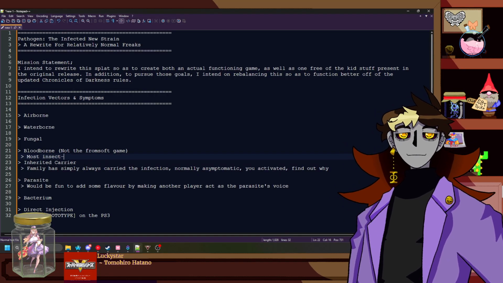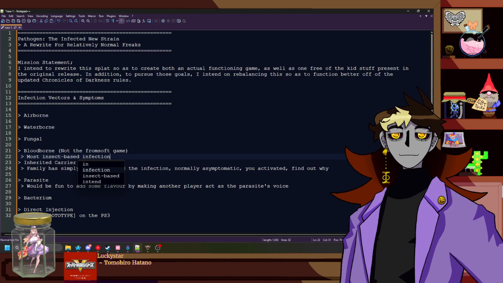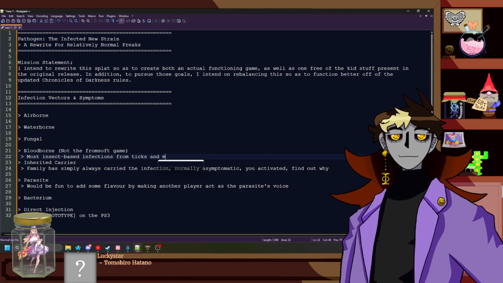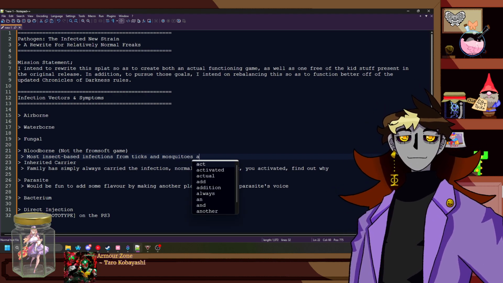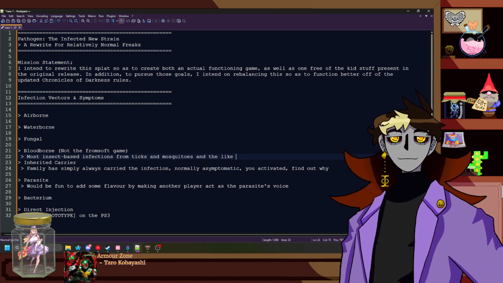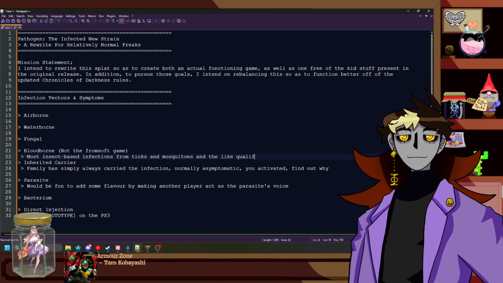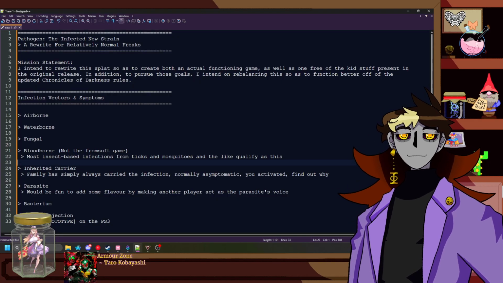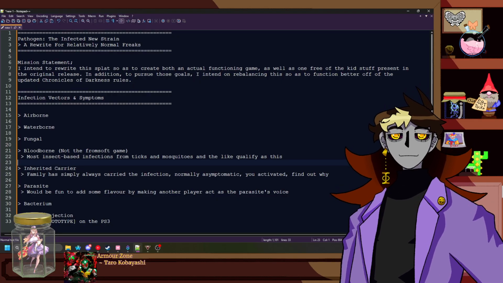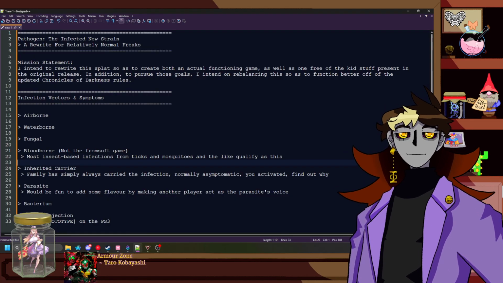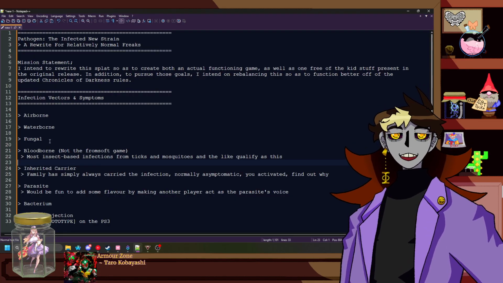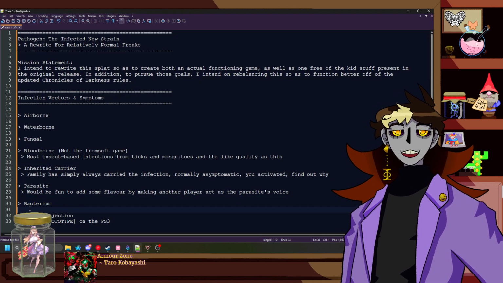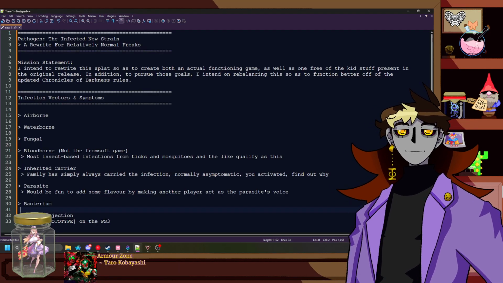Most insect-based infections from ticks and mosquitoes and the like qualify as this. Here we go. Bacterium also falls into airborne and waterborne somewhat, so I'm going... wait. I know how to solve this.